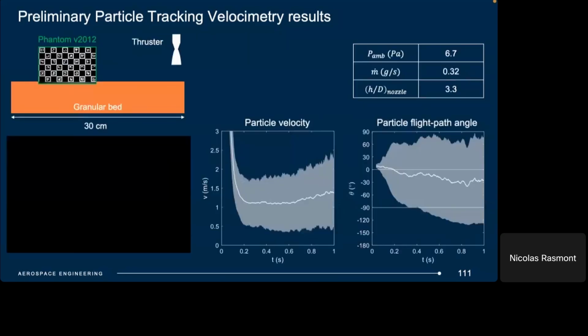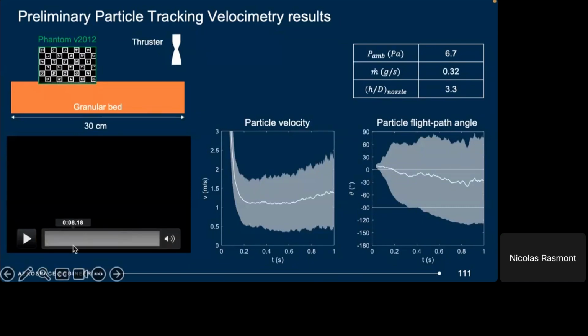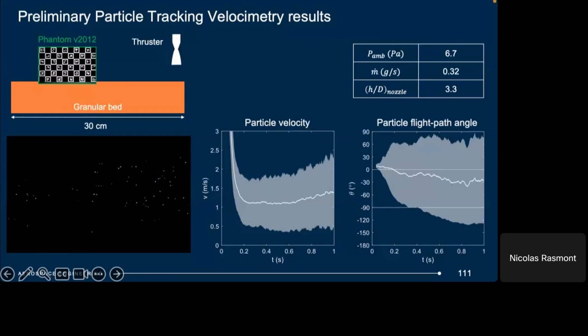Next slide. Yes, so here I'm going to focus on the actual parts of the experiment that we've been able to analyze. We have been able to analyze the data coming from the Phantom V2012, so we did PTV analysis on those. We plot here the particle velocity and flight path angle over time.